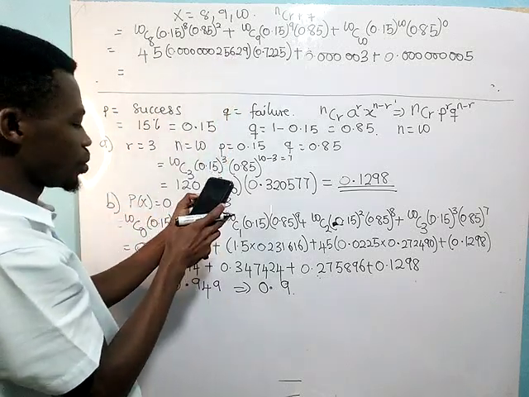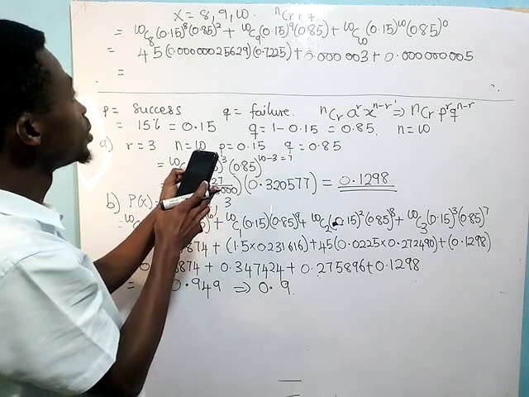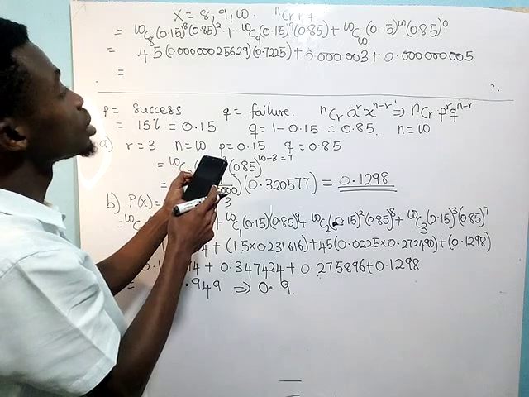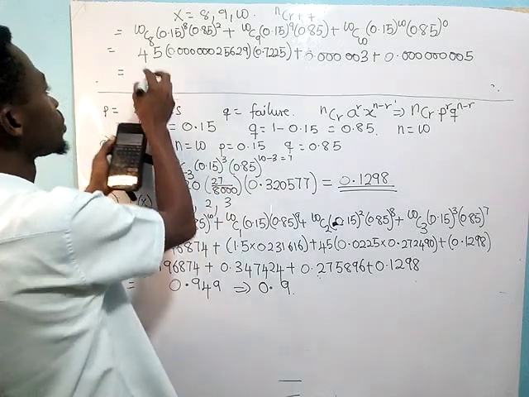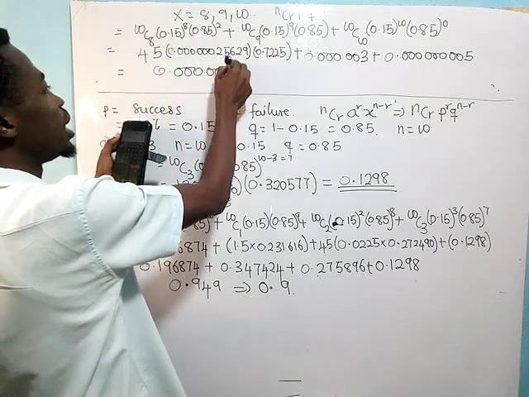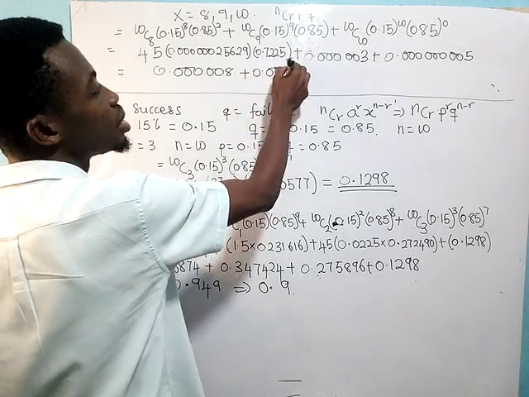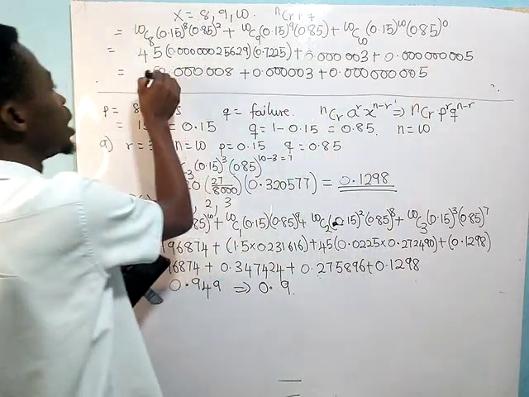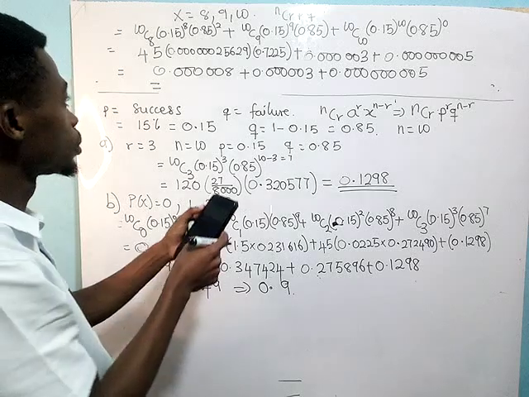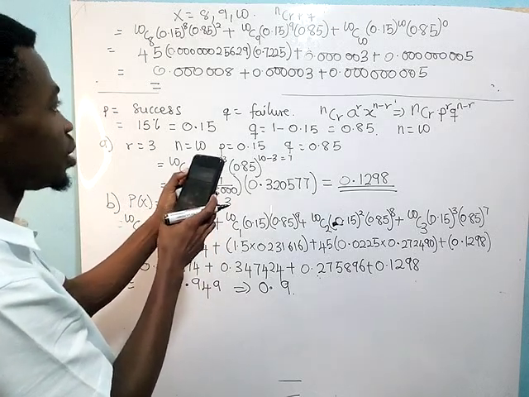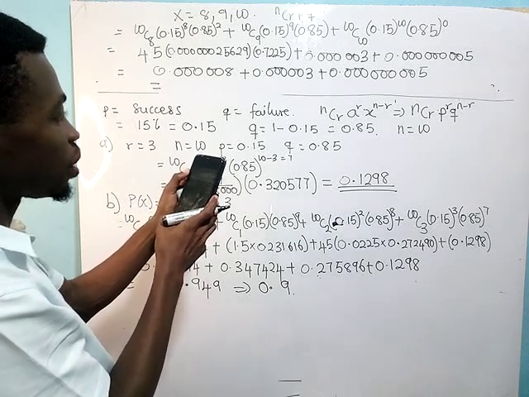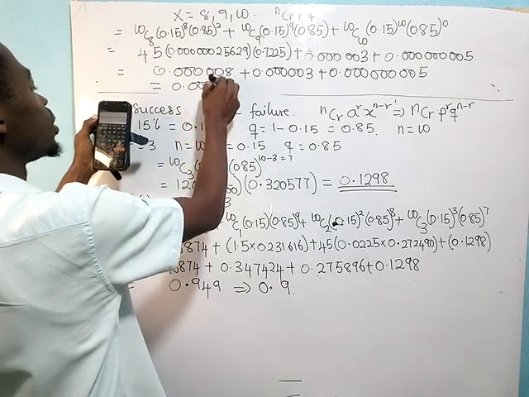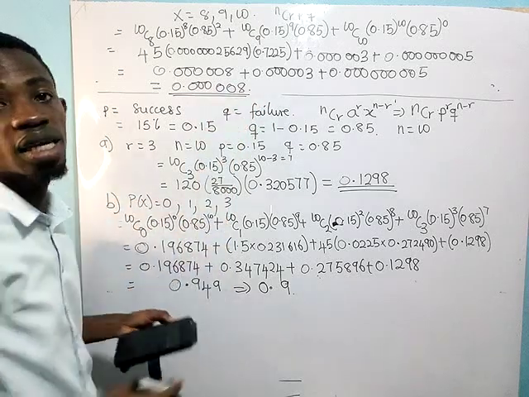Let's multiply this one first: 45 by 0.000025629 times 0.7225 gives 0.00008, then plus 0.000003 plus 0. Finally giving us 0.000008, and this is our final answer.